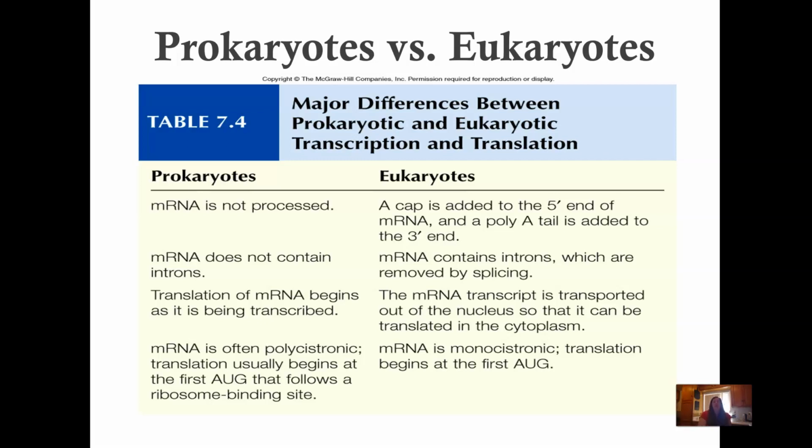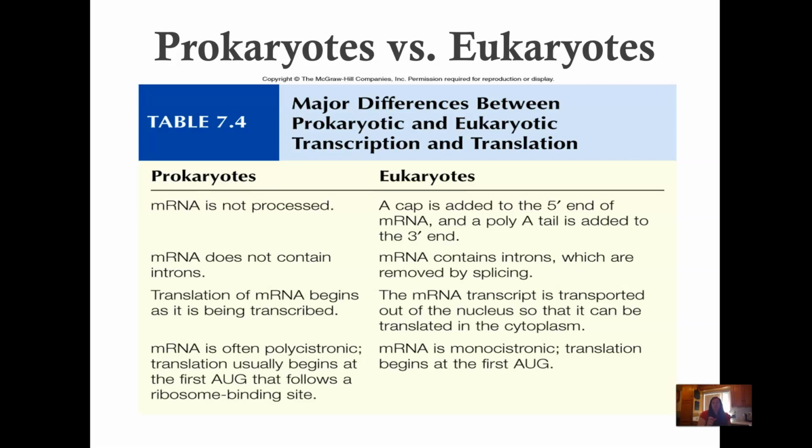Another cool thing about bacterial genes is that they tend to be polycistronic, which means, a cistron was an old word for a gene, that one messenger RNA transcript can actually code for lots of genes. We'll see that when we talk about gene regulation in a couple lectures. But that never really happens in eukaryotic genes.